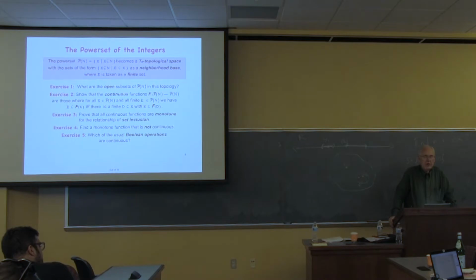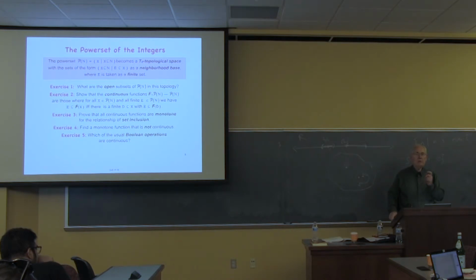Okay. And you have to be a little bit careful about the neighborhood base here because we're talking in terms of approximating a set from inside by its finite subsets, right? An infinite set is known more and more as you generate all the finite subsets of the infinite set, and we're thinking of it that way.